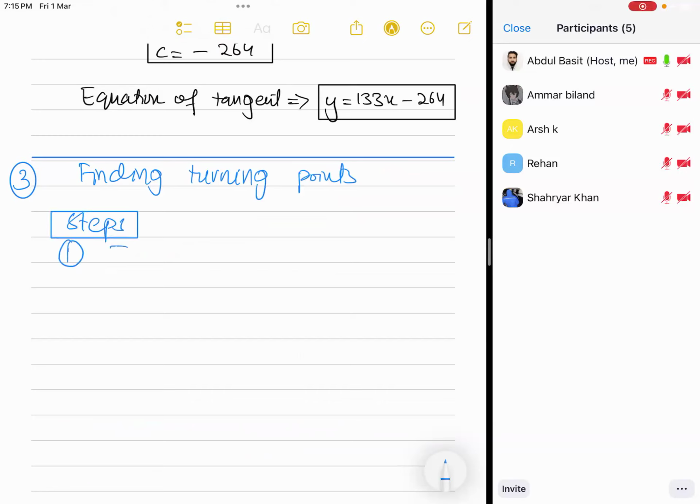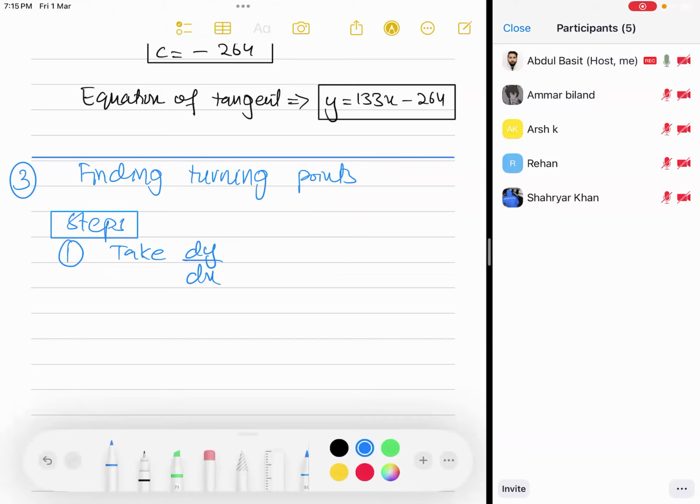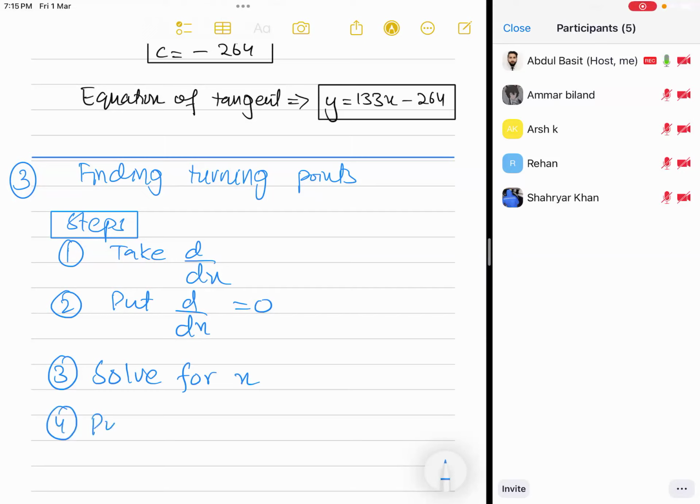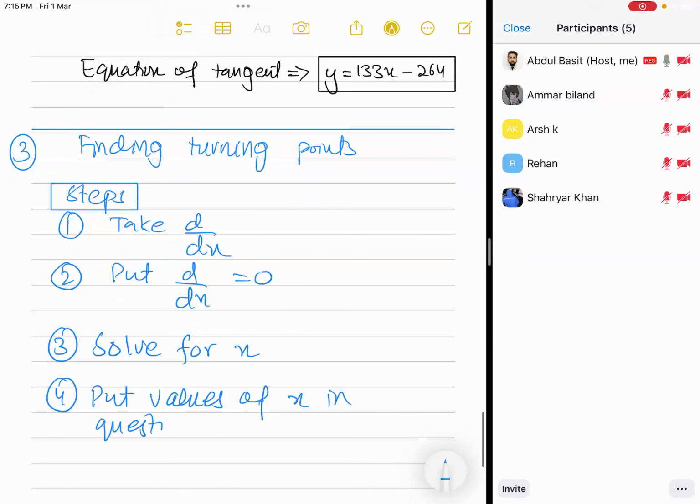First, take dy by dx. Second step, put dy by dx equals 0. Third, solve for x. Fourth, put values of x in the question to get values of y.